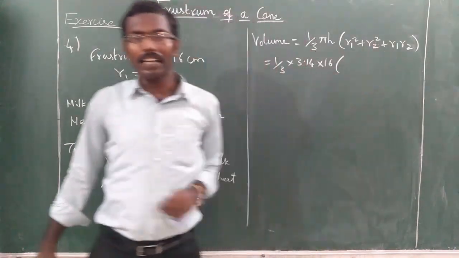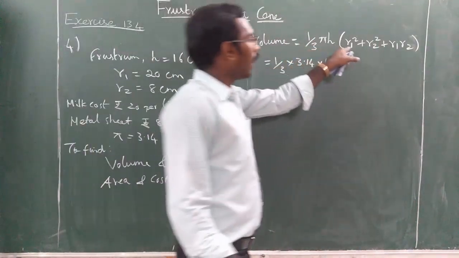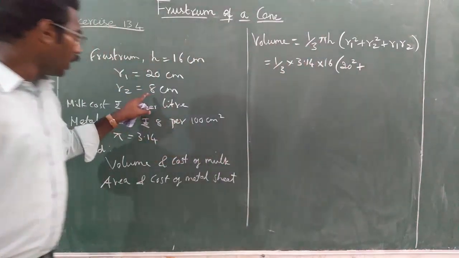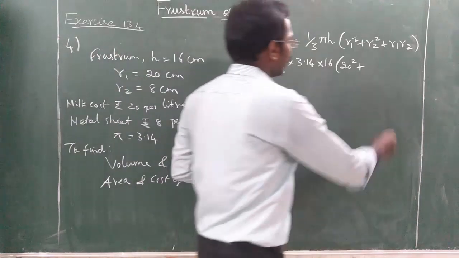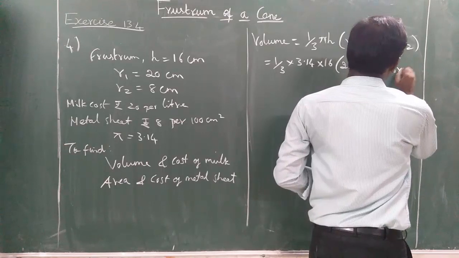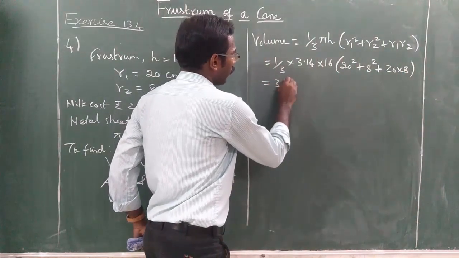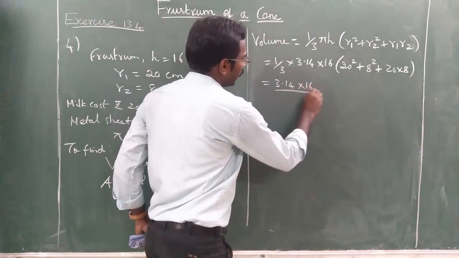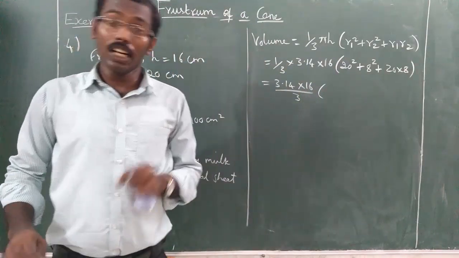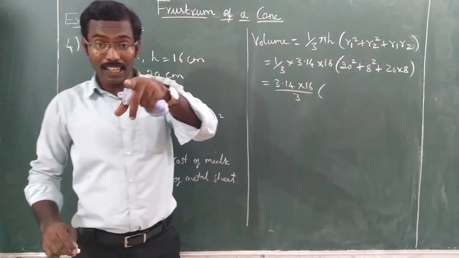Okay, listen. So r1, what is r1? r1 is 20. So r1 square means 20 square, plus r2. r2 is 8 centimeter. So r2 square is 8 square, plus r1 into r2 is 20 into 8. So that is equal to 3.14 into 16 divided by 3 into 20 square. 20 into 20 is, come on, tell. 400.